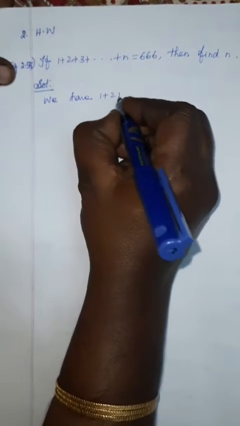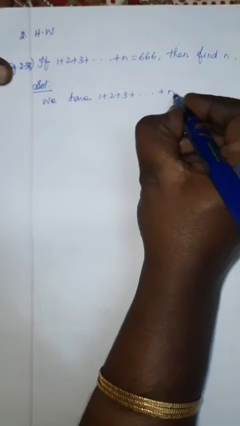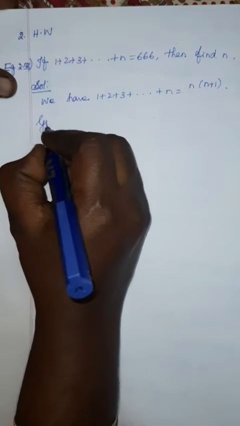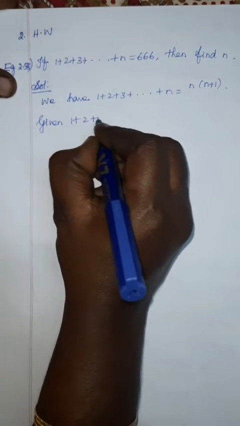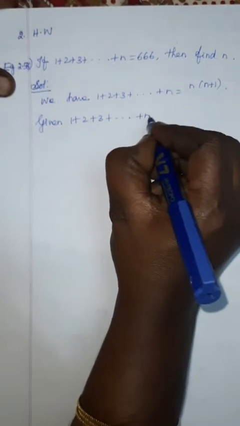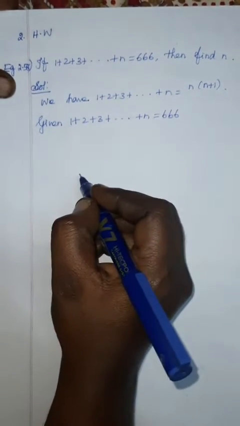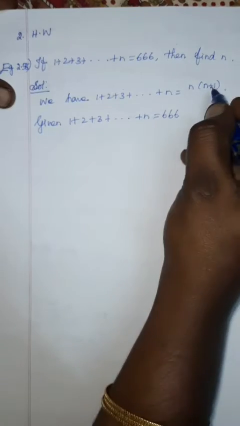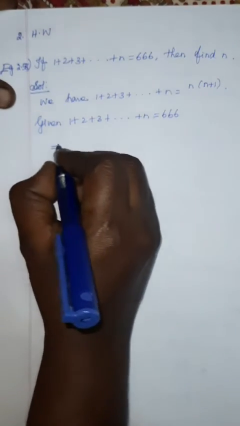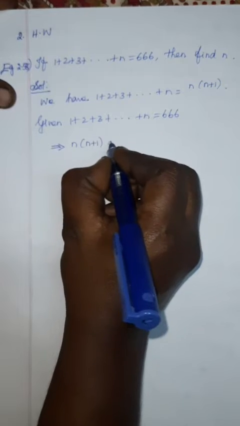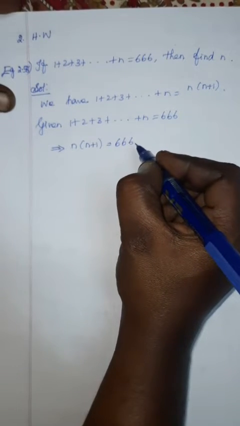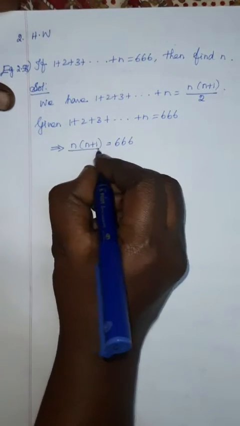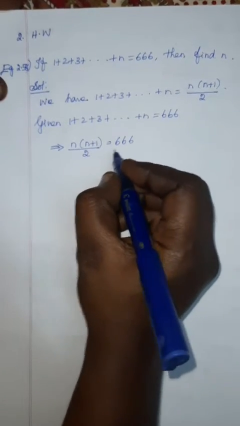Yes, 1 plus 2 plus 3 plus etc. plus n is equal to n into n plus 1 by 2. That is the formula. What is given? 1 plus 2 plus 3 plus etc. plus n is equal to 666. Now the left sides are equal, so we can compare the right-hand sides. n into n plus 1 by 2 is equal to 666.